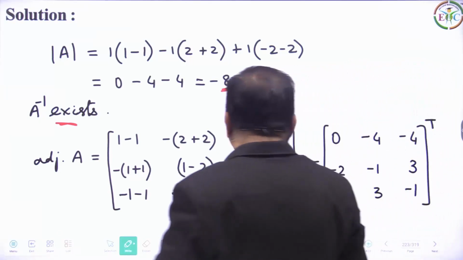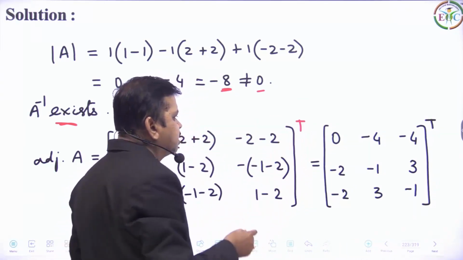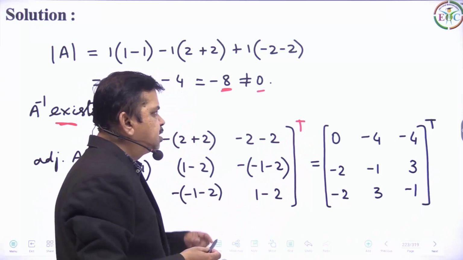On simplification, the transpose of this will be the cofactor or the adjoint matrix.